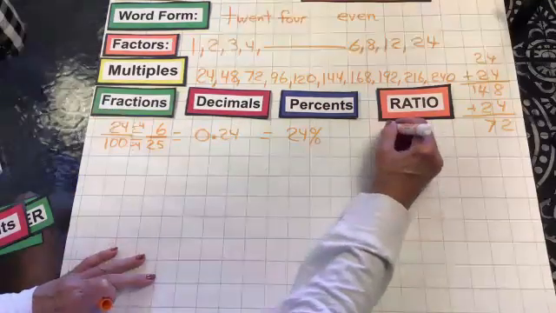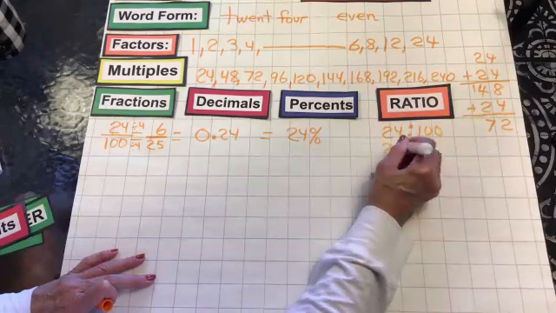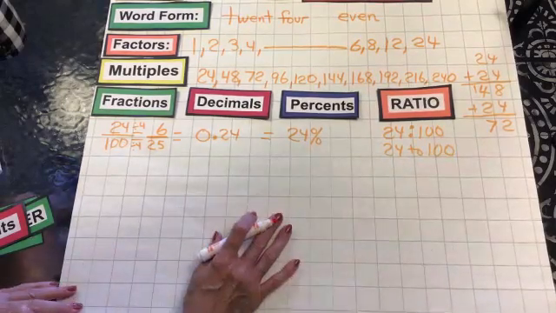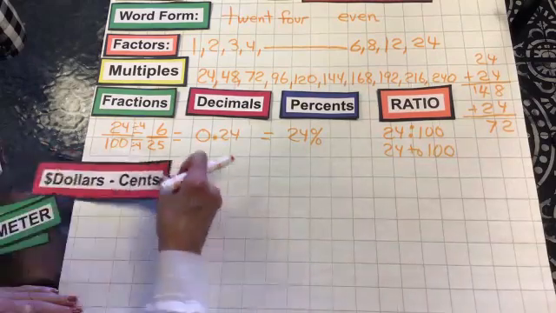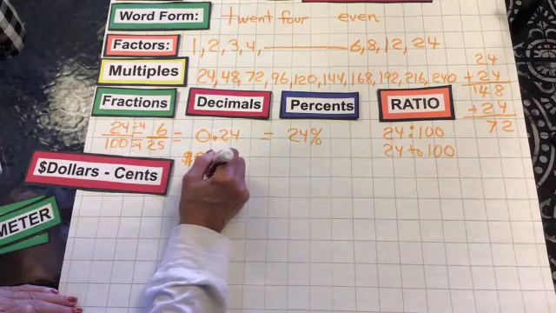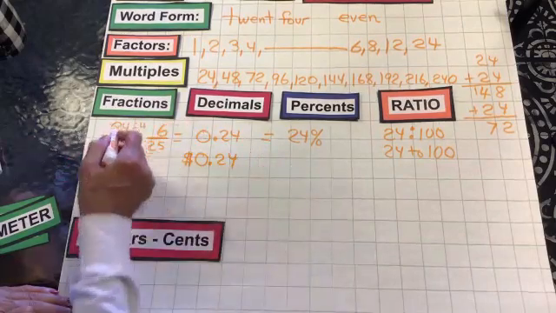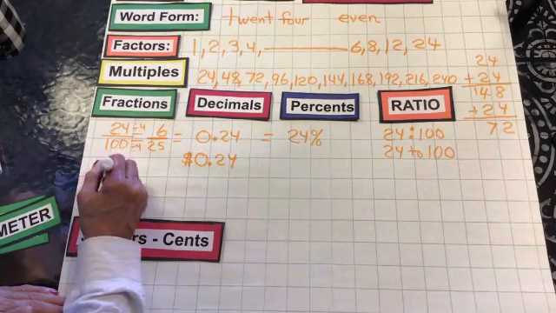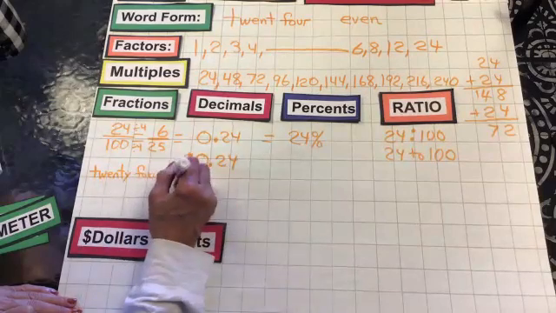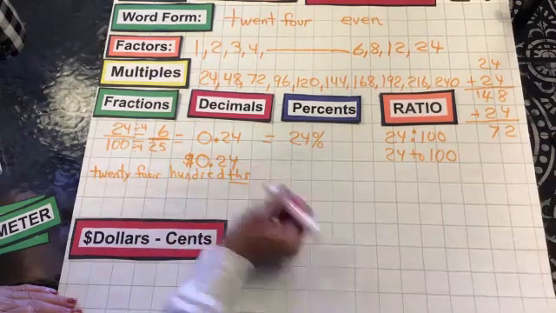And when we write our ratios, we can write 24 colon 100 or 24 to 100. So we're just kind of getting that up there. That's easy. And then if we were writing it in dollars, we would take the decimal and we would just put it in dollar form, just adding our dollar symbol. Okay. So let's go ahead and write this out. So this would be 24 hundredths, getting our THS in there.